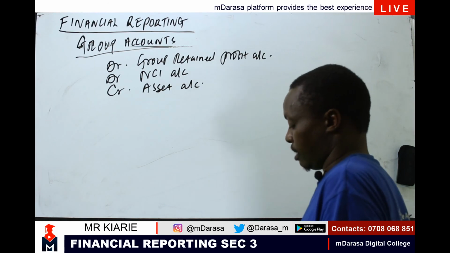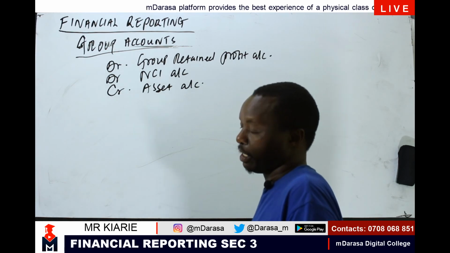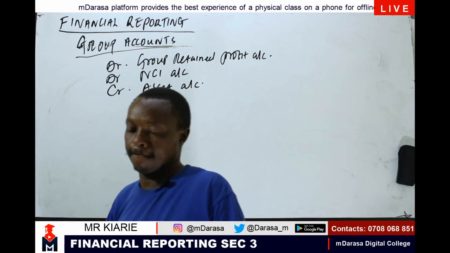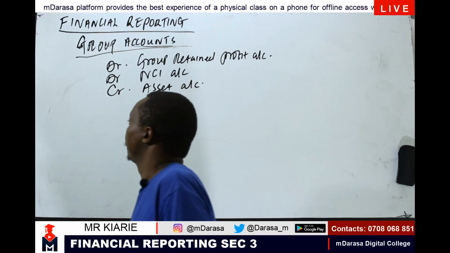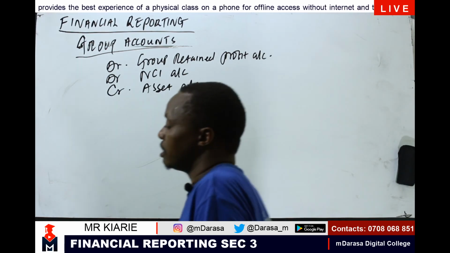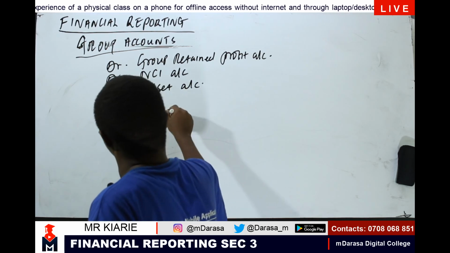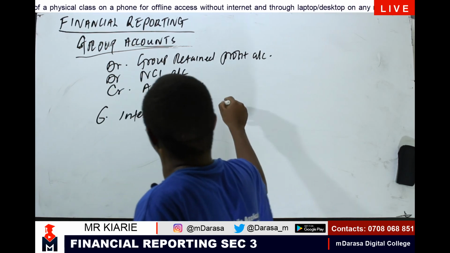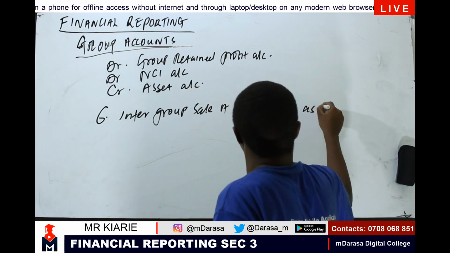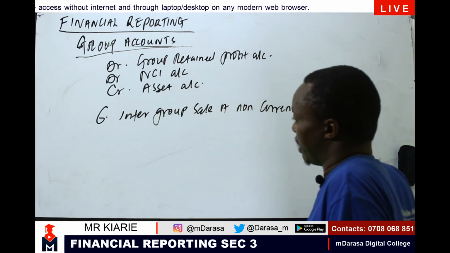Okay. Adjustment number 6: intergroup sale of non-current assets.